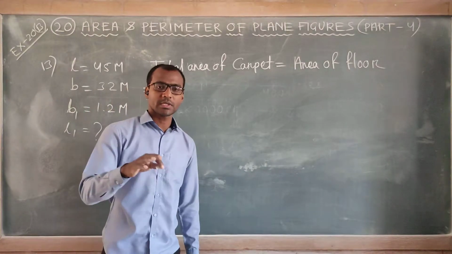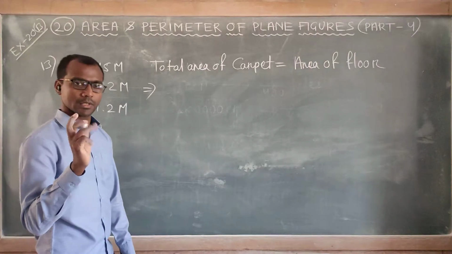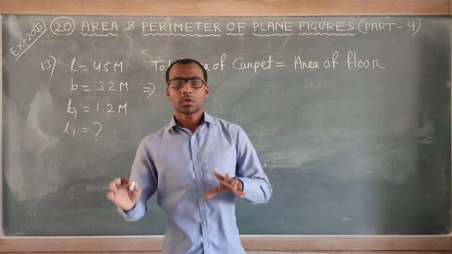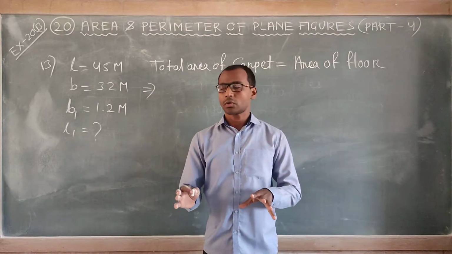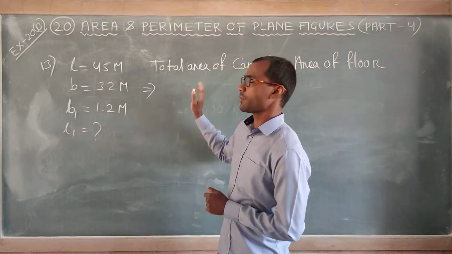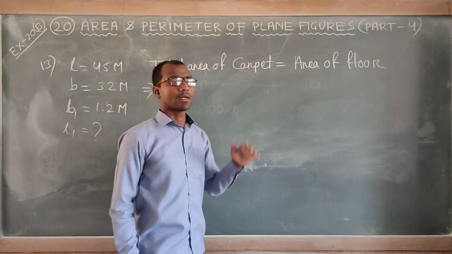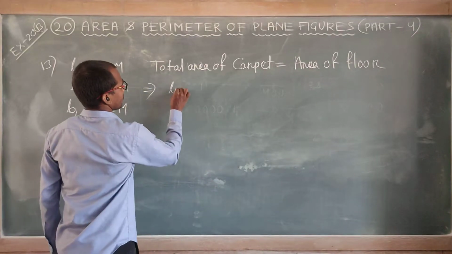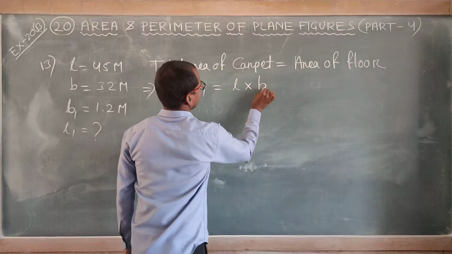The floor of every room is in the shape of a rectangle. The carpet is also in the shape of a rectangle. Okay. So two rectangles we are going to equate. Okay. Two rectangles' area we are going to equate. Area of carpet which is in the shape of rectangle is equal to area of the floor which is also in the shape of a rectangle. So L1 into B1 is equal to L into B.